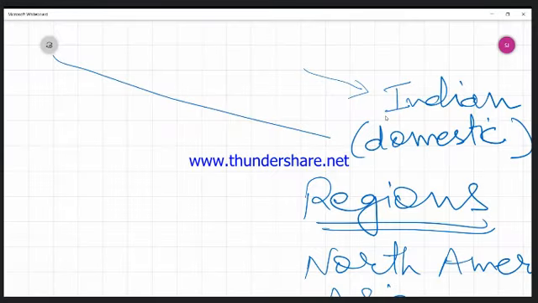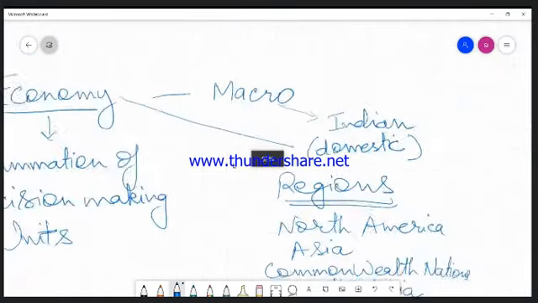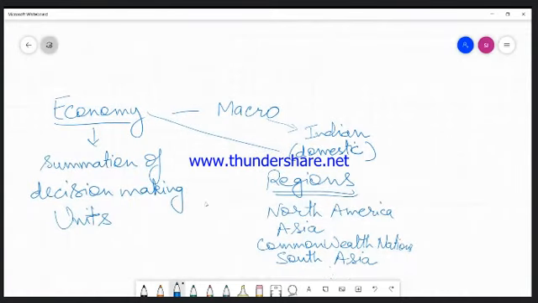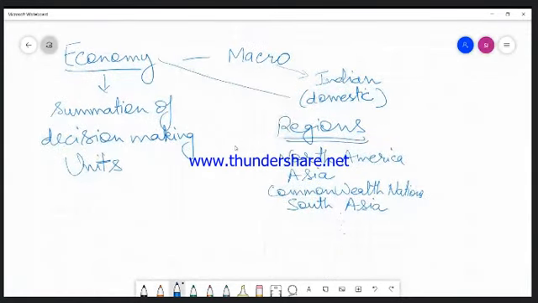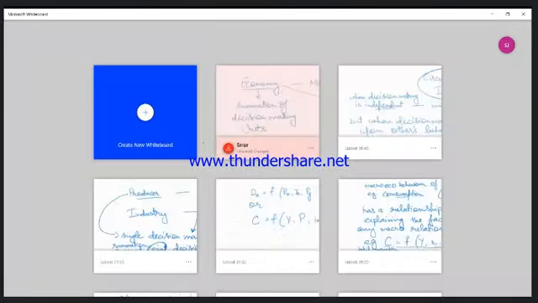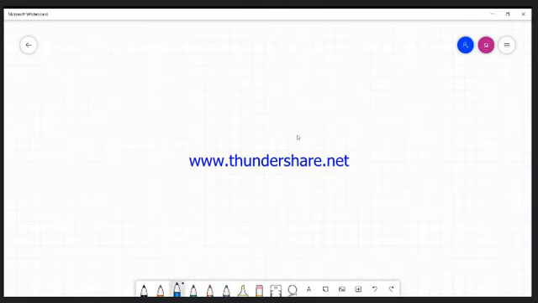Pay attention to this: we are talking about summation of decision making. When you are summing up all the decision makers together, then you are talking about a macro picture, the total income or the total output. There are some common terms which you already know, but we now want to know them theoretically.